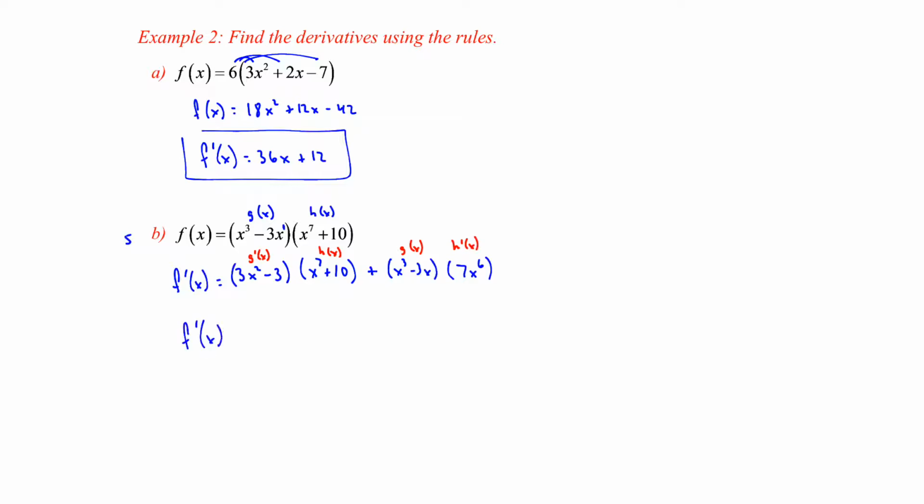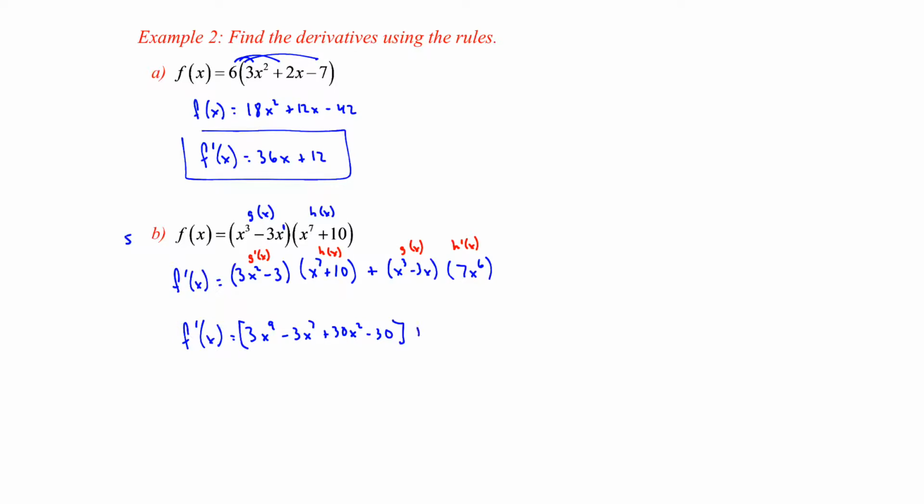So the derivative, go ahead and distribute that out. That would be 3x to the 9th minus 3x to the 7th plus 30x squared minus 30.